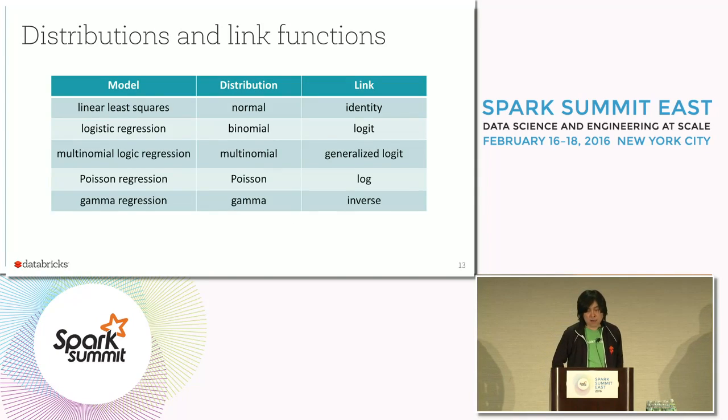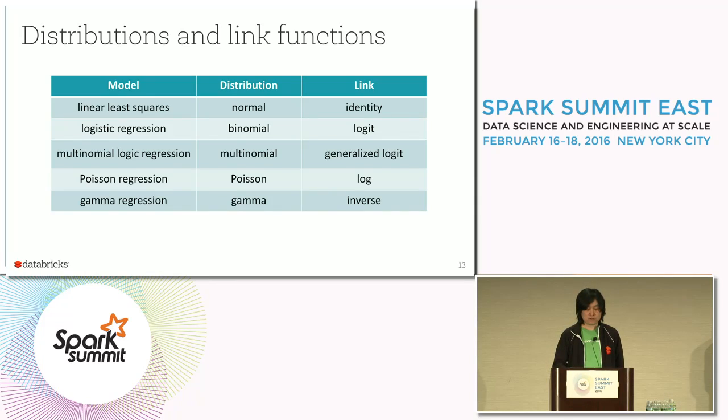Here I want to list a few common distributions and link functions for generalized linear models. If the distribution is normal and the link function is just the identity function, that corresponds to linear least squares. If you switch to binomial and the link function is the logit function, that's the inverse of the logistic function, and that maps to the logistic regression problem. It also applies to multinomial logistic regression.